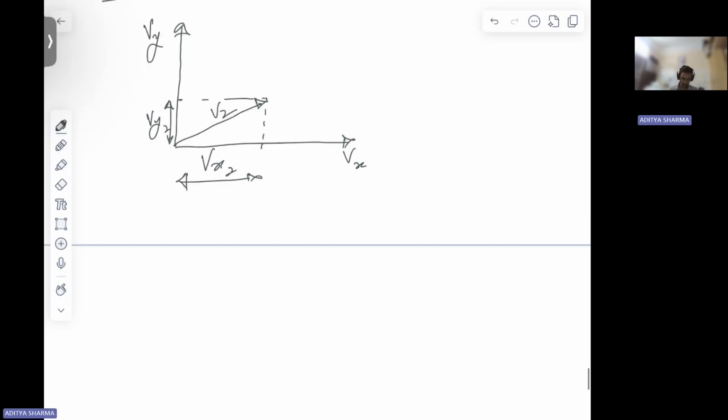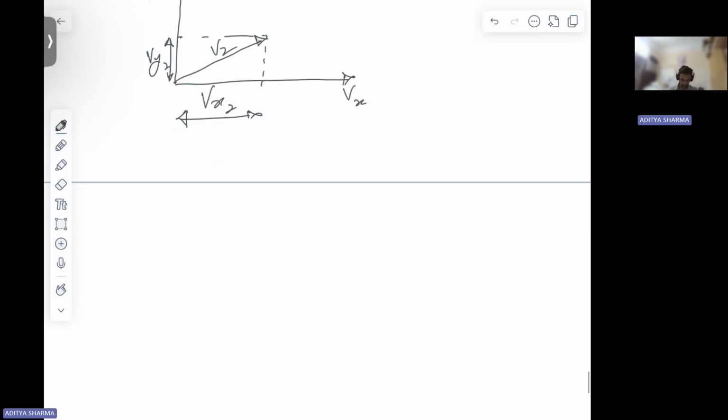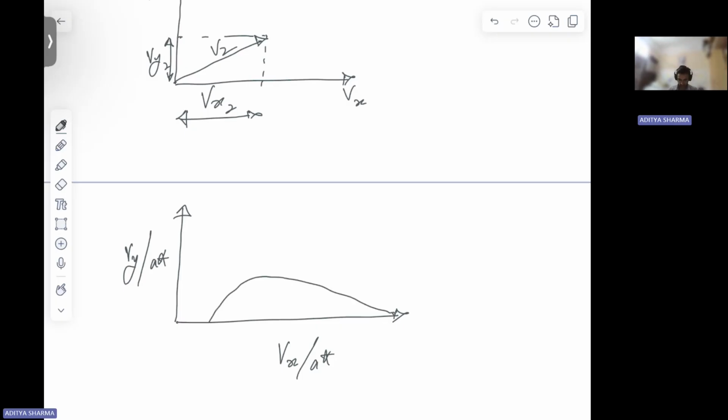Now for different theta values, if we draw this diagram, it is going to be something like this.